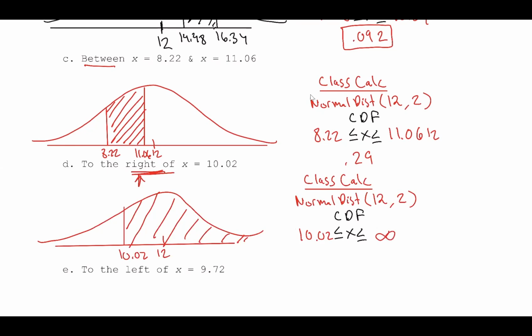There you go, 10.02 and go infinity. So for this one, you get 0.8389. So if you do that in class calc, you should be able to get 0.8389. Any question in regard to part D?